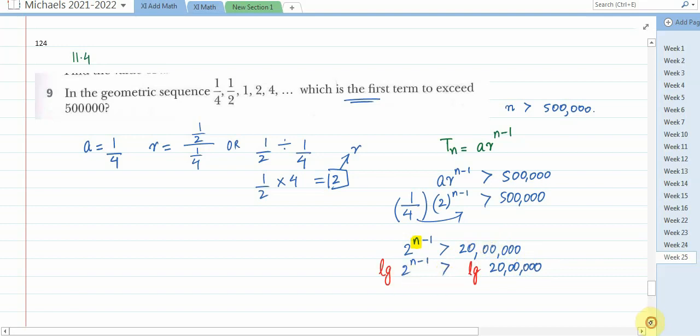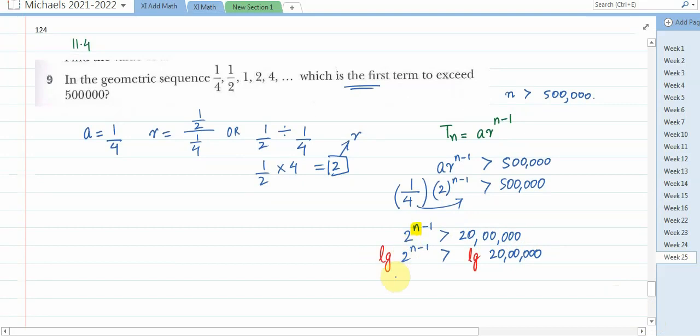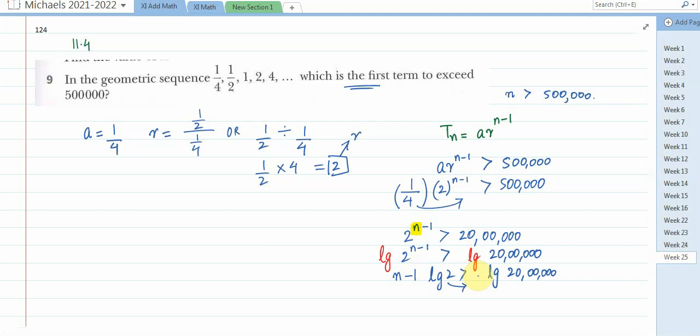The property of log is that it can extract the power, so you have n minus 1 times log of 2 greater than log of 2,000,000. You can shift log 2 to the right side, so that will be log of 2,000,000 divided by log of 2, so you will get 20.93.